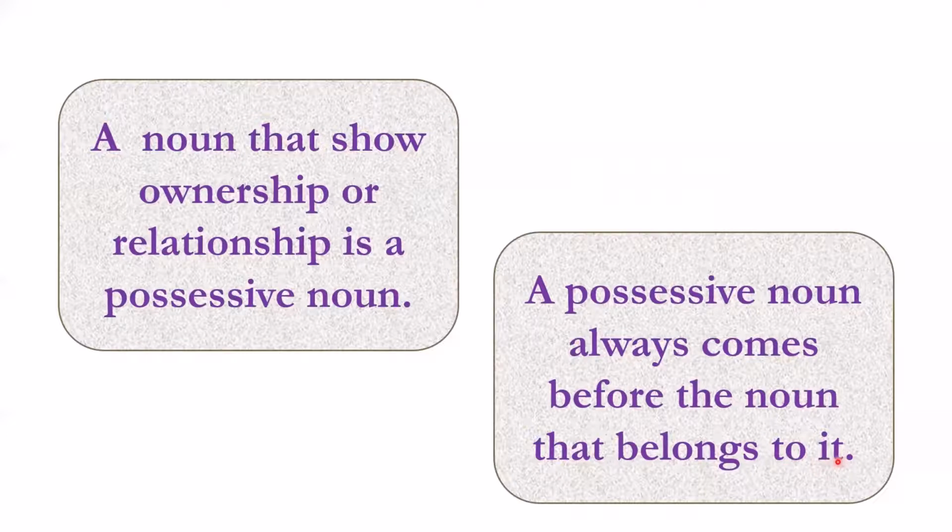So, possessive noun जो है हमेशा उन noun से पहले आते हैं, for example, two nouns are given in a sentence. So, first noun अगर दूसरे noun से relate कर रहा है तो हमेशा वो noun relation वाले noun से पहले आएगा. Clear? Let's see an example to be more clear.